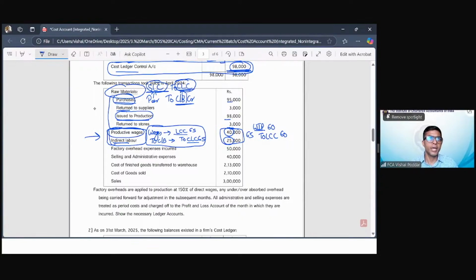Now, whenever it is indirect wages, nothing is given. We always understand that wages are paid to workers. Workers are working in the factory. So I will transfer it to the production overheads account only. And who is giving it to production overheads? It is again given by labor. So labor is credited. So my next entry would be this. Now, one small mistake I have committed, which I think nobody observed, is the amount.